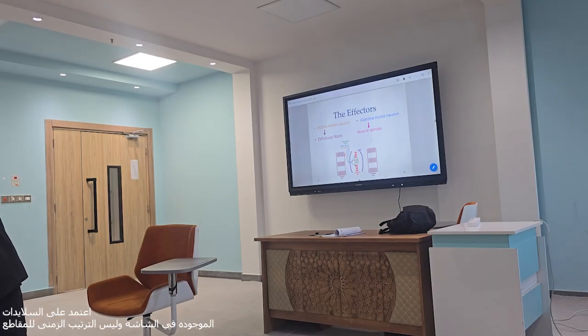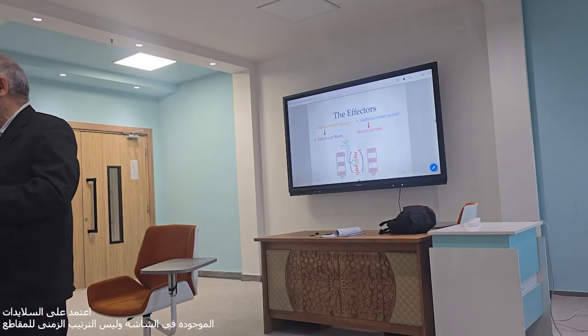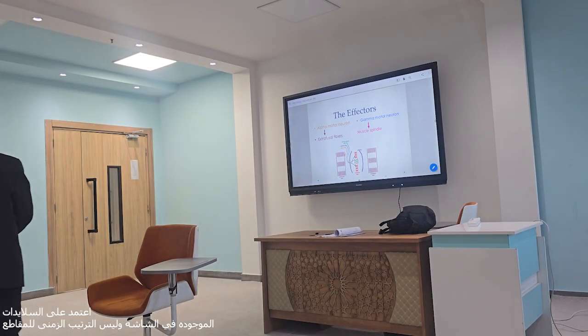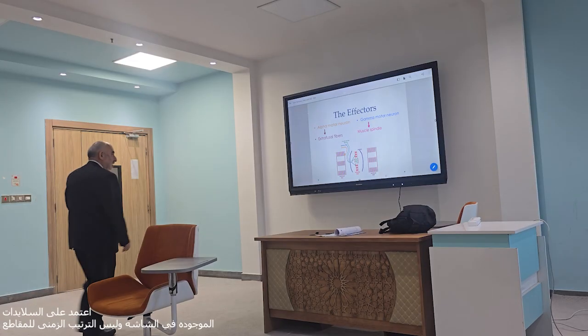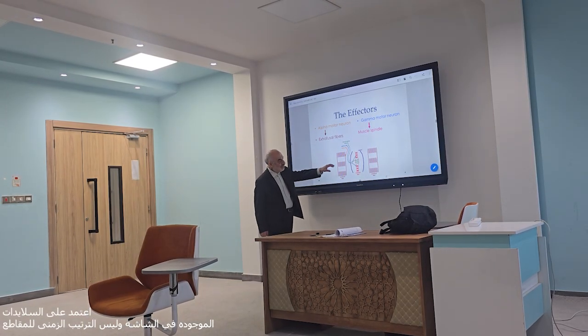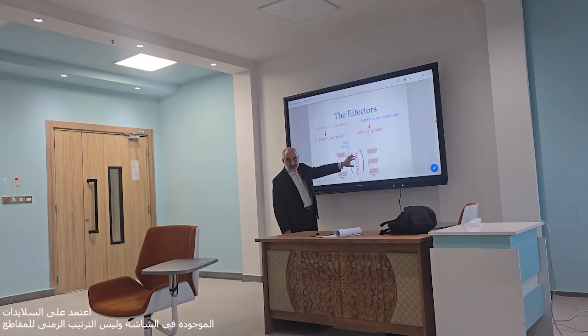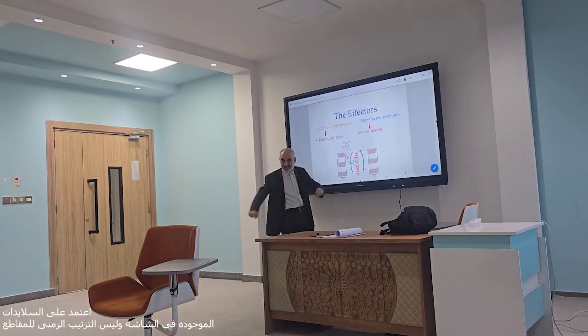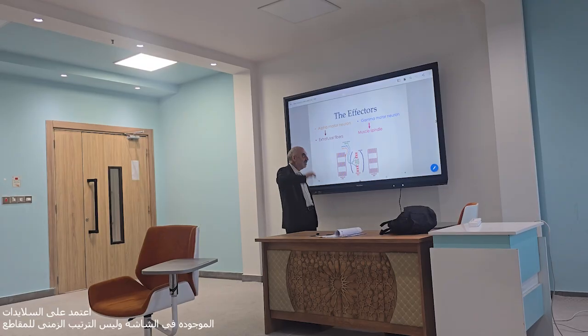Intrafusal muscle fibers are innervated by gamma motor neuron. When stimulated, the intrafusal fibers contract and stretch the muscle spindle, which sends information to the cerebellum. So gamma motor neuron can stimulate the muscle spindle.